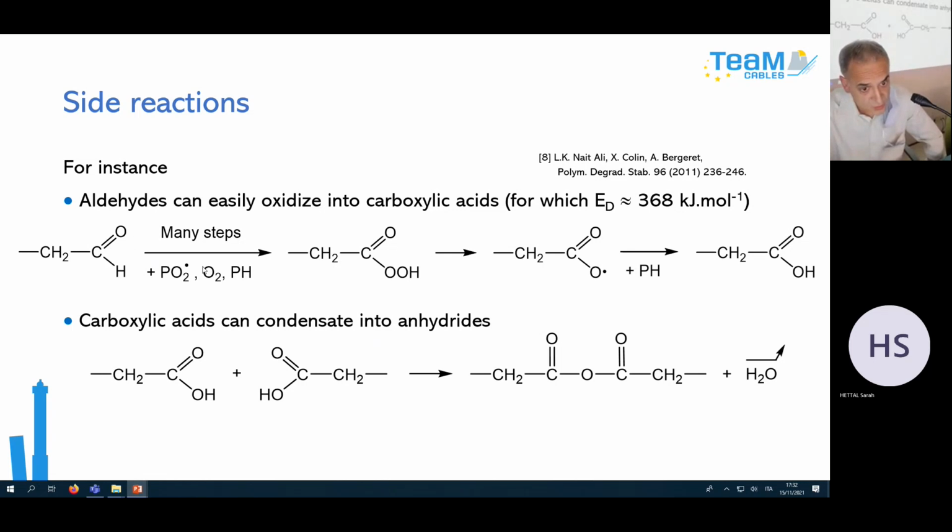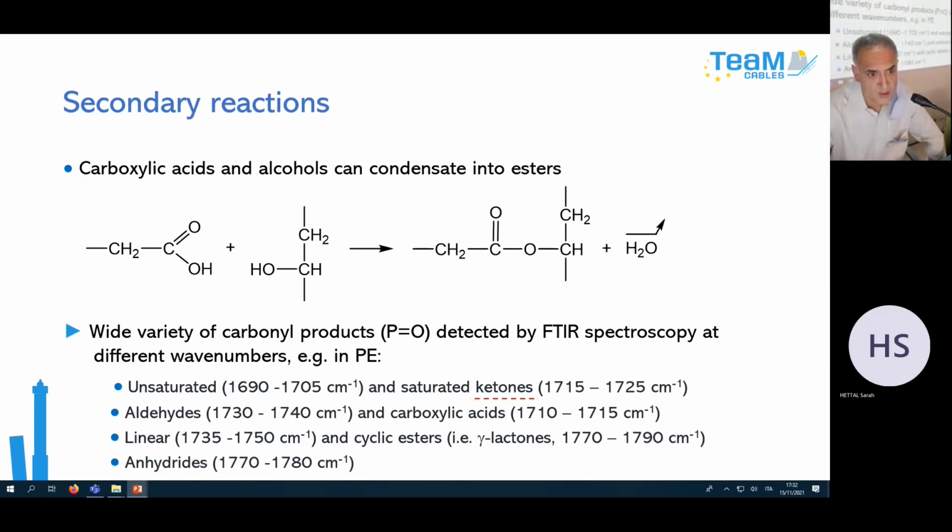So in this case, you easily form carboxylic acid. In the literature, it was also shown that carboxylic acid can condense into anhydride, so you can observe the formation of many anhydrides. And you also have the condensation between acid and alcohol to form ester.